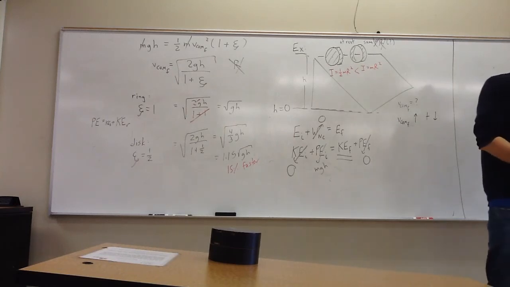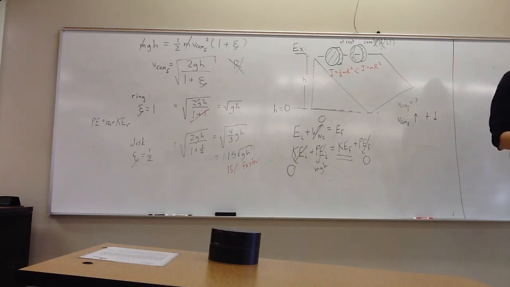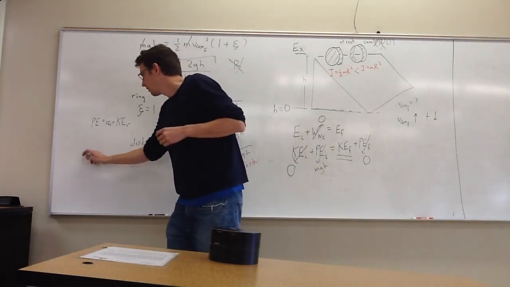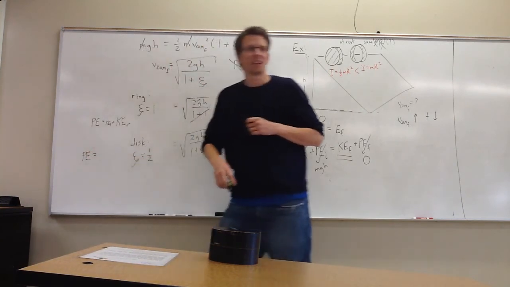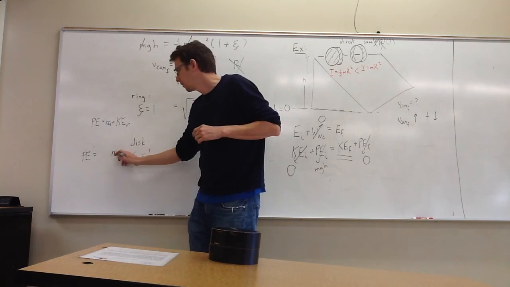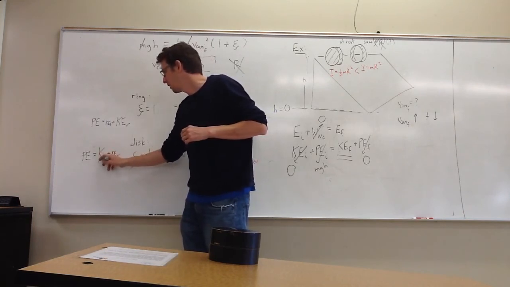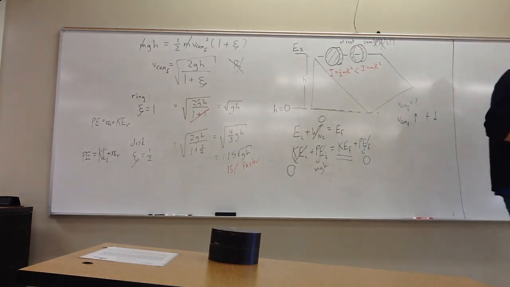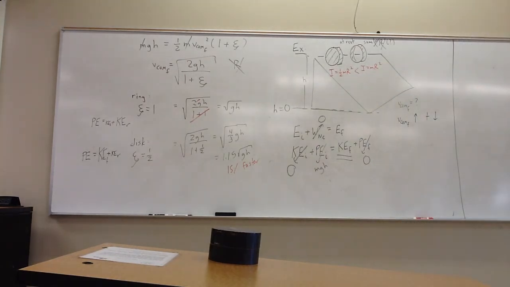You spend so much energy getting rotating that you don't have enough to shoot down the incline. Whereas the disk might have the exact same amount of energy to start with, but it doesn't have to spend as much towards rotating, so it can spend a lot more of its energy translating. It's about how you use your energy.